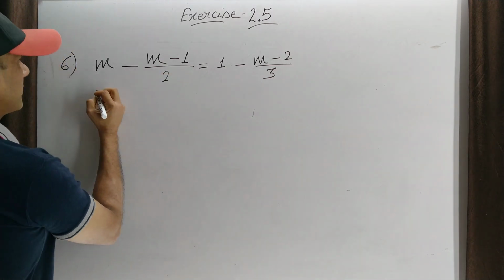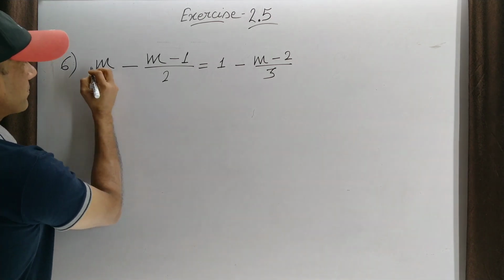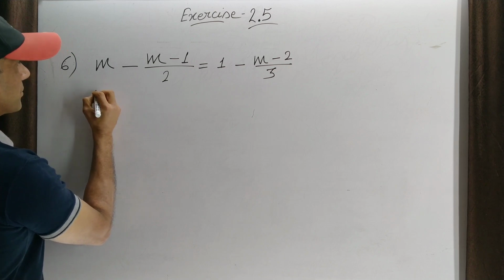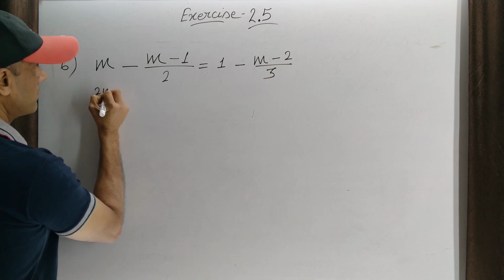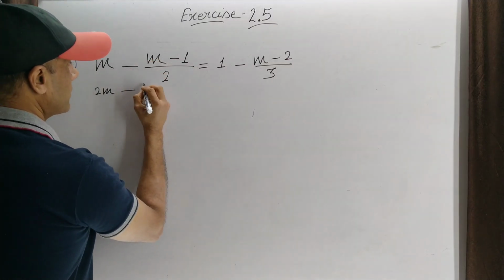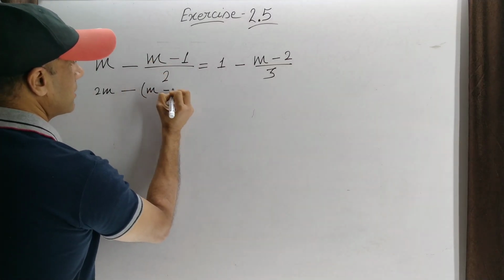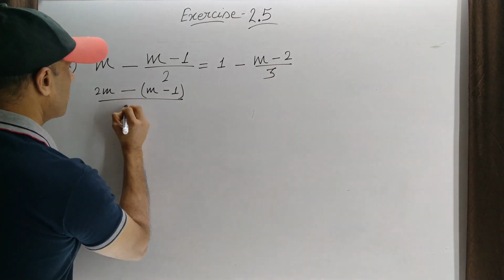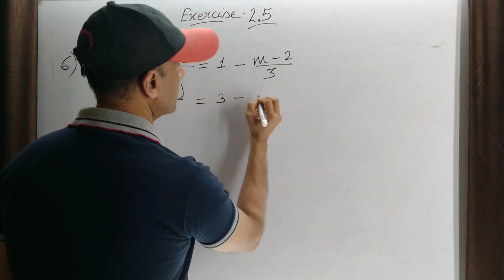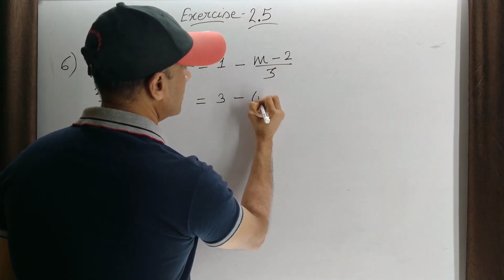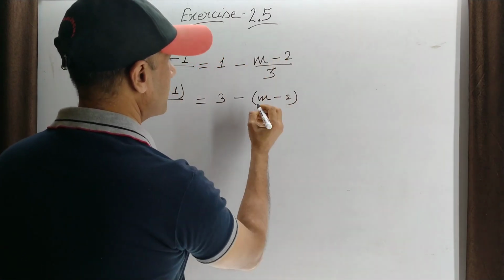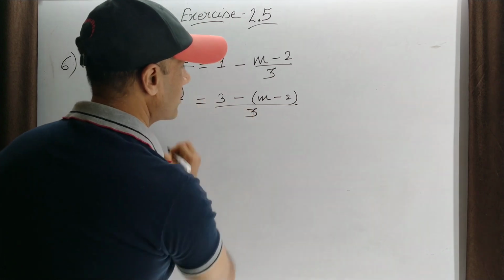So I can write m here. We take a common denominator, so this becomes 2m, and this negative sign remains, minus 1, and we get the common denominator as 2. Here also this becomes 3 minus, I introduce the bracket so the sign applies to both, and I get denominator as 3.